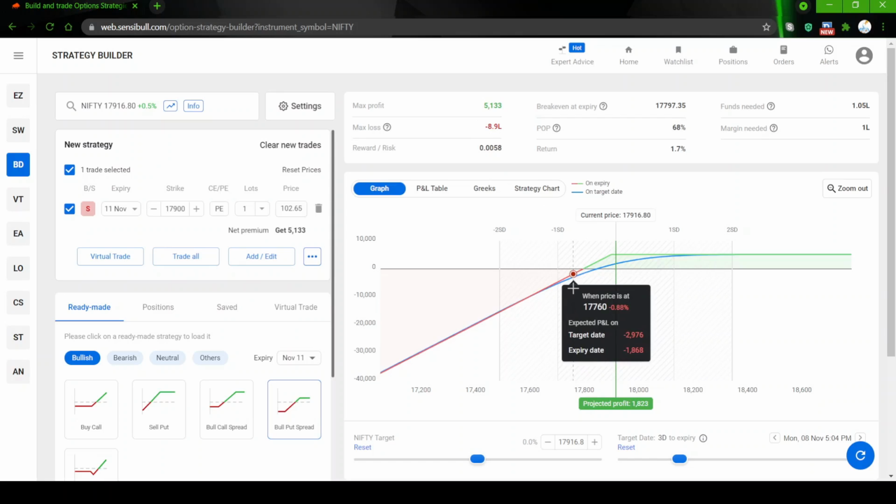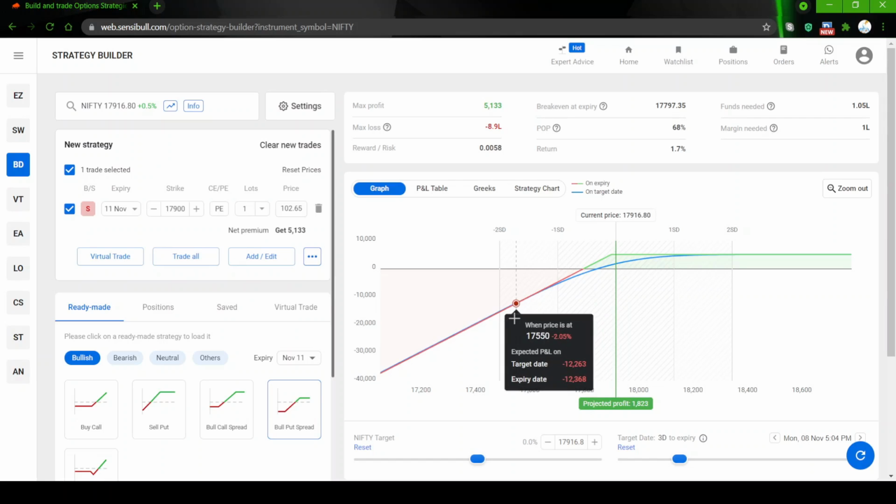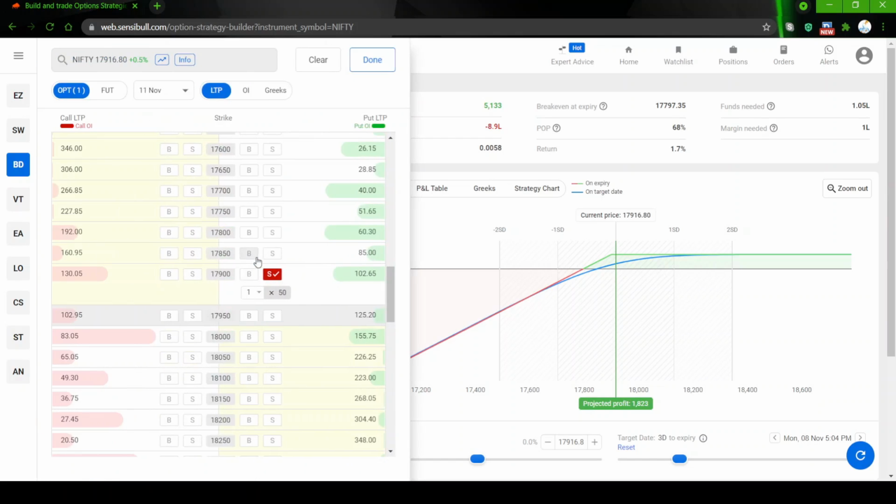But if the Nifty tanks down, the loss potential is quite high on a naked put sell. So for that reason, we are going to have a bull put spread. I'll just add the position here. So I'll just add it.